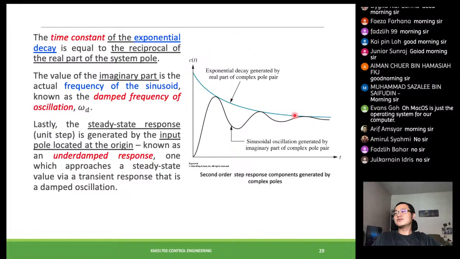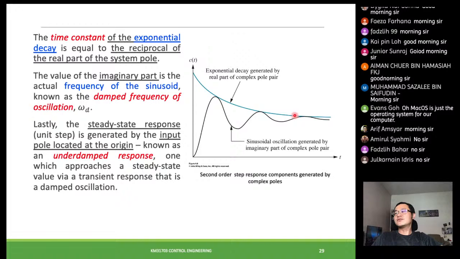And eventually, due to this step input, your input goes from 0 up to 1 and straight onwards. Since your input is also a step, after that it remains at the same value.